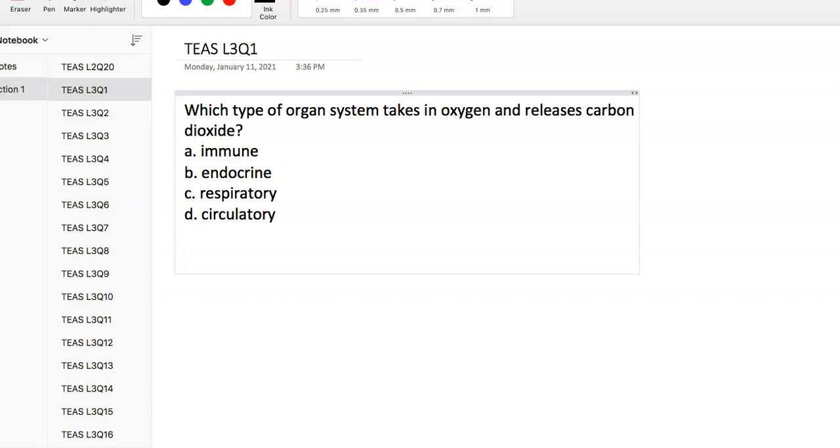The endocrine system, answer choice B, produces and secretes hormones to control bodily processes like sleep cycles. And then finally, the circulatory system, answer choice D, moves blood throughout the body to enable nutrient delivery and waste removal from tissues. So there we go. Answer choice C is the one we wanted for question number 1.